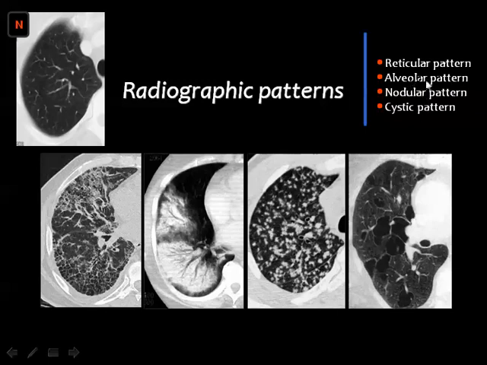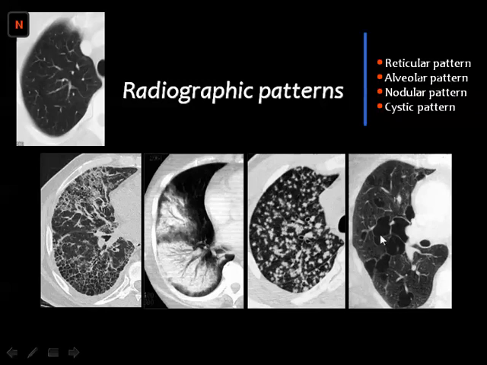By the alveolar pattern, we mean that you get multiple areas of consolidations, and these areas of consolidations may contain air bronchogram. Then the nodular pattern means that there are miliary shadows scattered throughout the lung, and the cystic pattern means that you get multiple air-filled cystic spaces scattered throughout the lung.